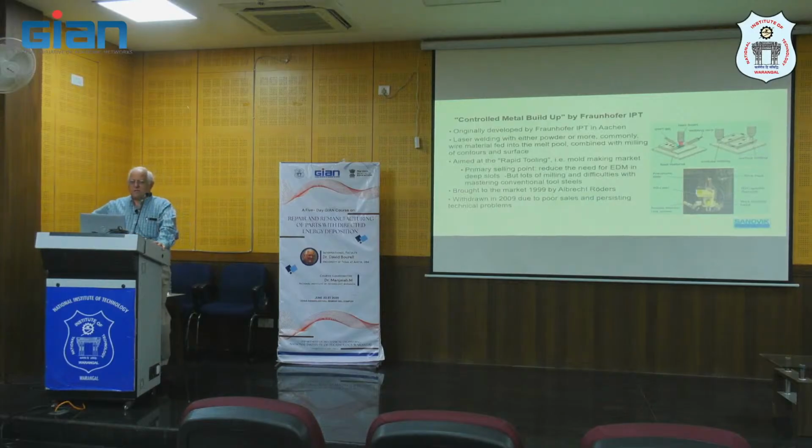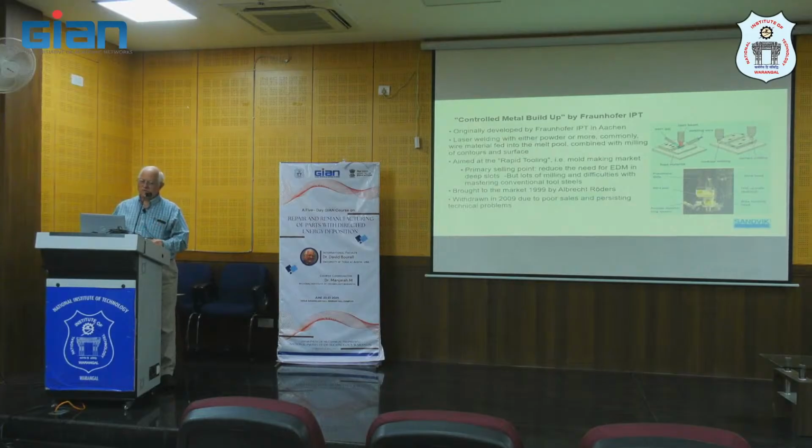The materials fit in the melt pool, combined with milling of contours in the surface. They were trying to do rapid tooling, sort of like the movie we just watched from DMG Mori that showed the finishing of, I think, a die casting die. So this is the same thing.